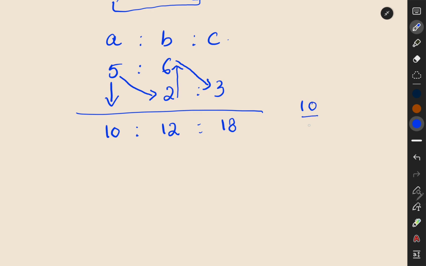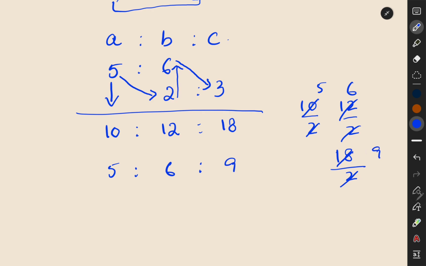First we divide 10 by 2, it gives 5. So we write 5 here. And then 12 by 2, it gives 6. We write 6 here. Then 18 by 2, it gives 9. So we write 9. Now we have these values 5, 6 and 9. These 3 numbers do not have common factors, so they cannot be reduced.